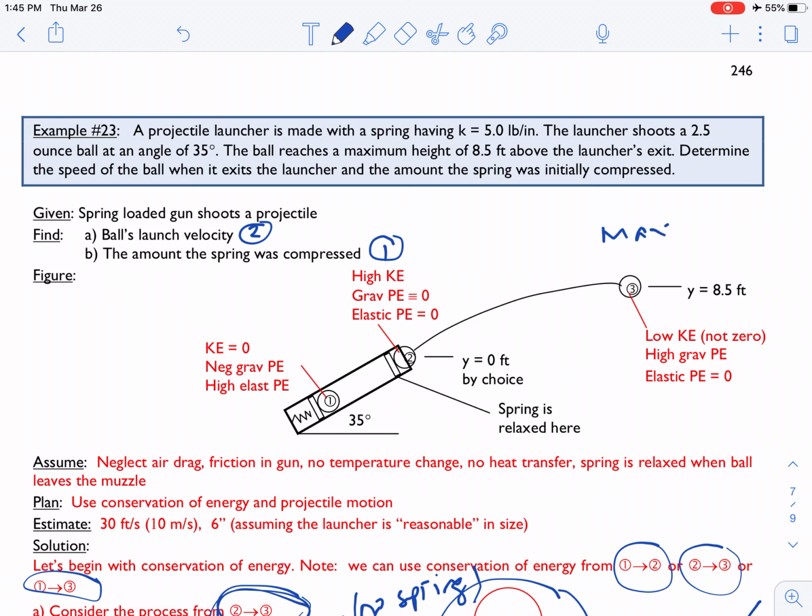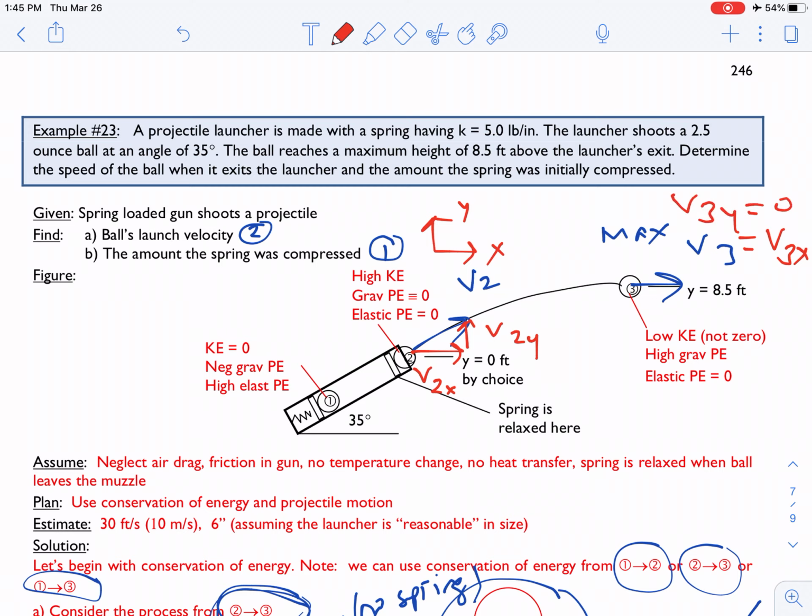So this is maximum. At point 2, this is your velocity, this is v2, and it has components, but at point 3, this is your v3. So if you look at the components, this is v2x, v2y, and I'm taking x and y this way, and v3 is only v3x, and v3y is simply 0, because this is the maximum.